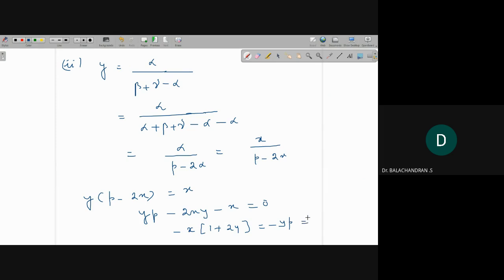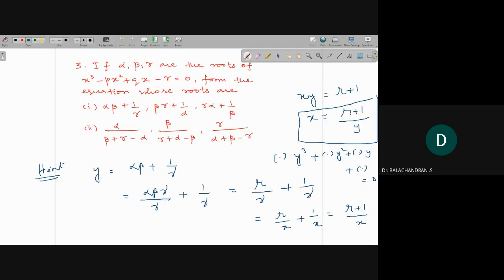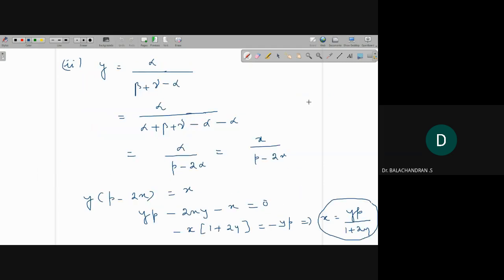This implies x is equal to yP divided by 1 plus 2y. Substitute this in the first equation. The final answer should be y cube plus coefficient of y square, coefficient of y, and the constant term is equal to 0.